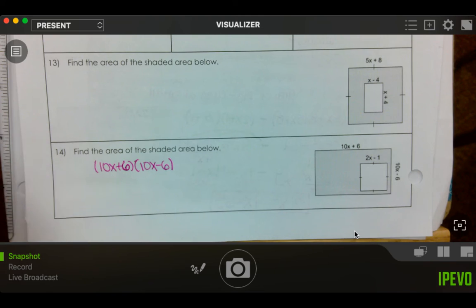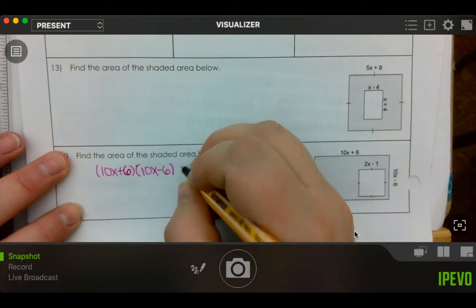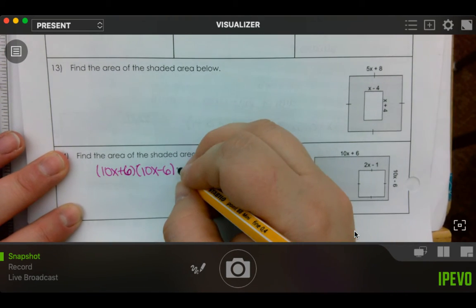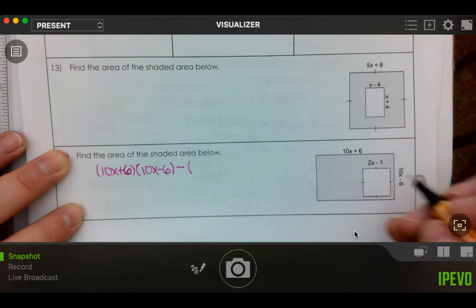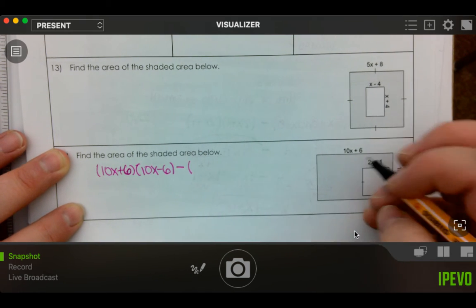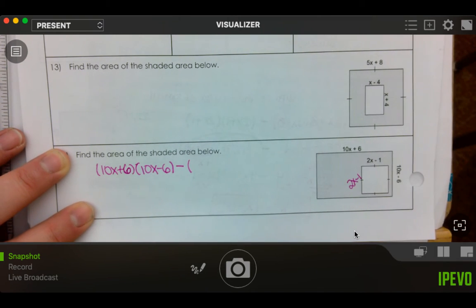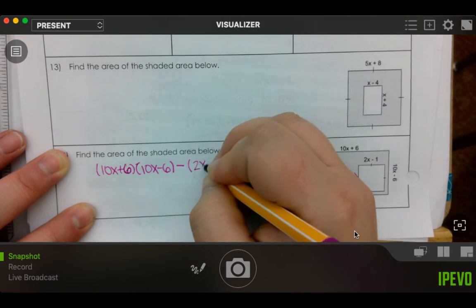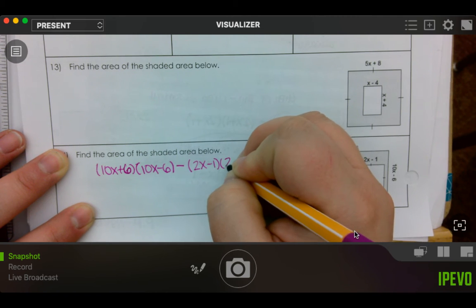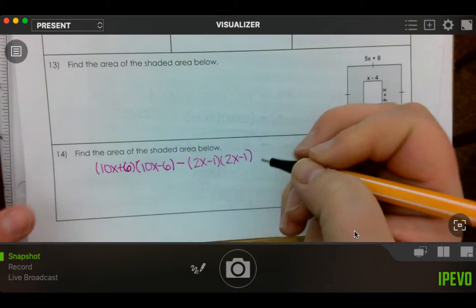And what you're trying to notice in this one is that this is one of the special patterns, minus 2x minus 1. And because this is a square, that's what those little lines mean. This is also going to be 2x minus 1. It's a square, so all of the sides are 2x minus 1.